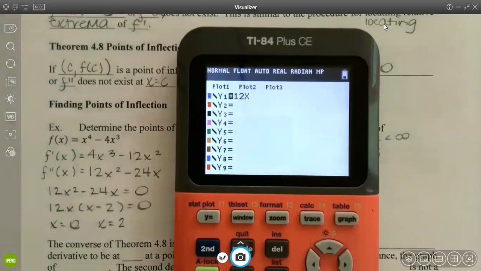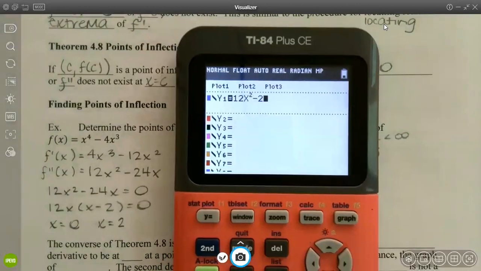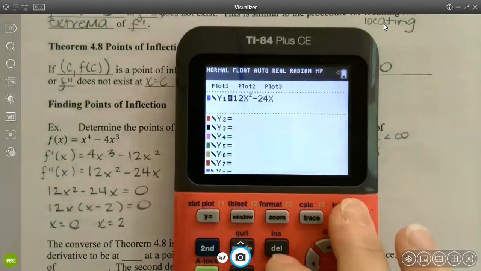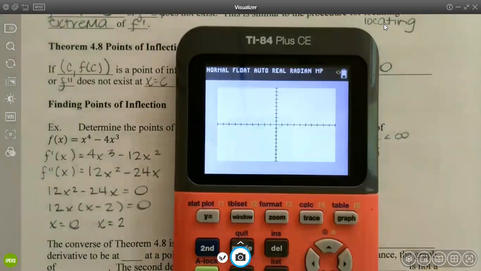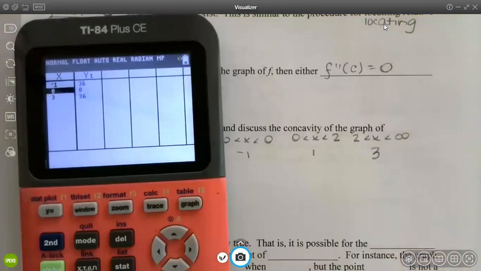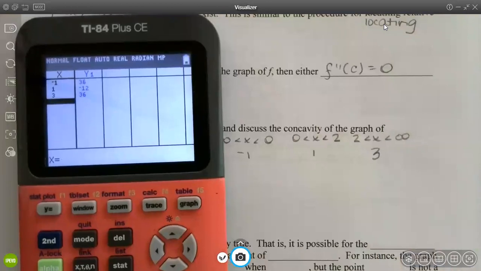12x squared minus 24x. And we're plugging in -1, 1, and 3.